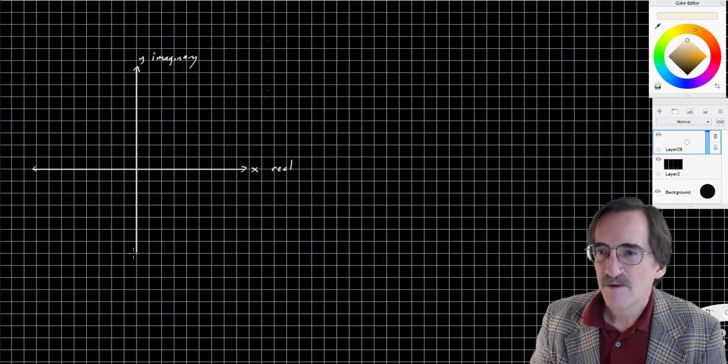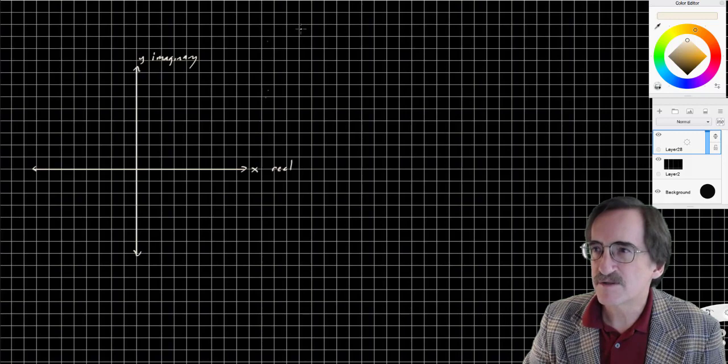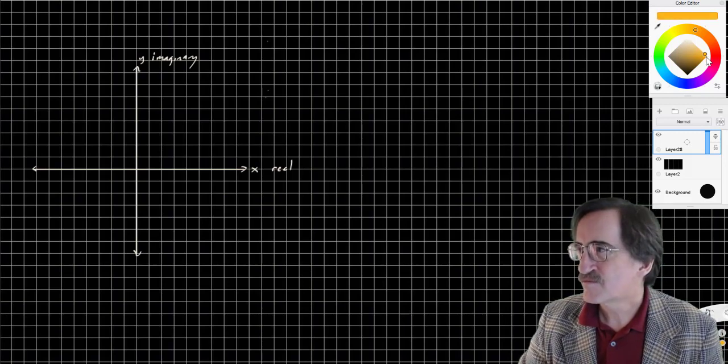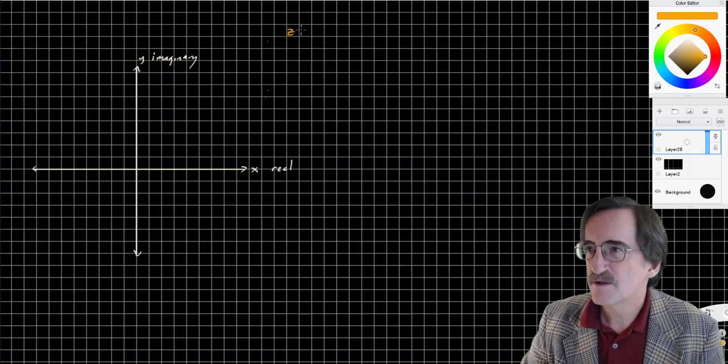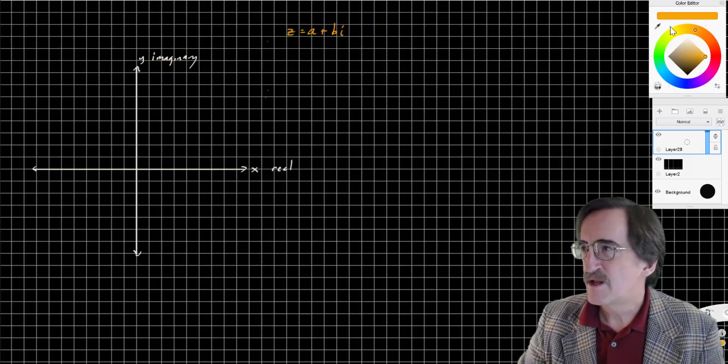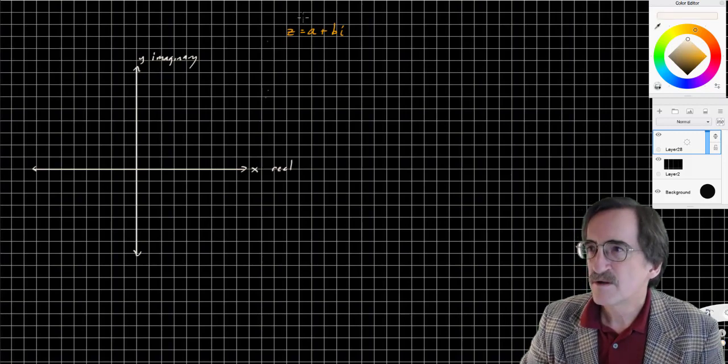imaginary axis. And we can graph the complex number z equals a plus bi. A is the real part, and b is the imaginary part.